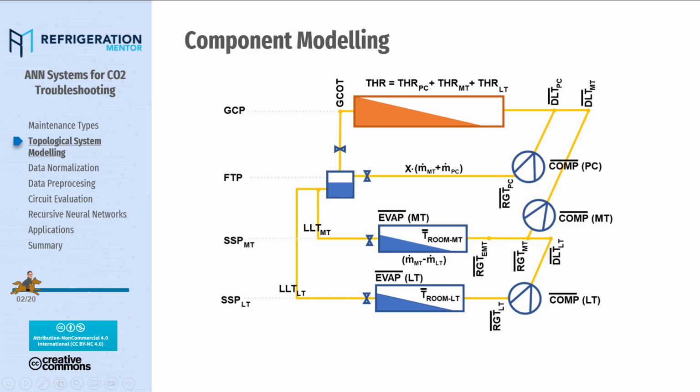This lets us use the same algorithm for a system with 1, 2 or more compressors, instead of designing a specific system or a specific algorithm for each number of compressors, and also a different algorithm for the evaporation circuits.